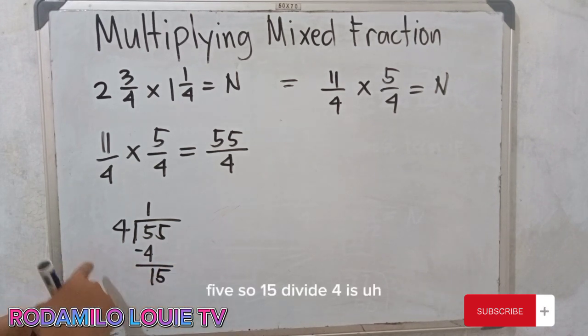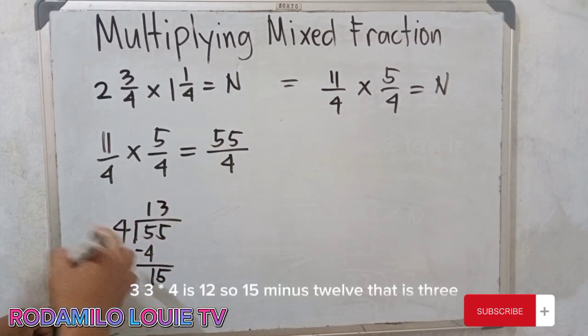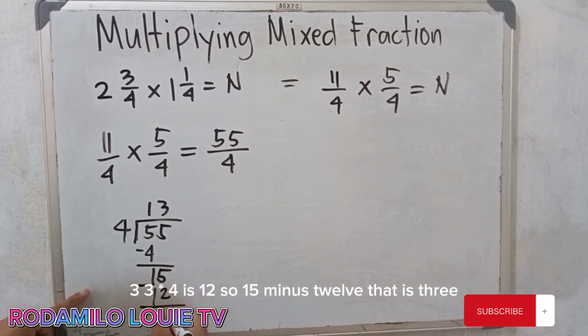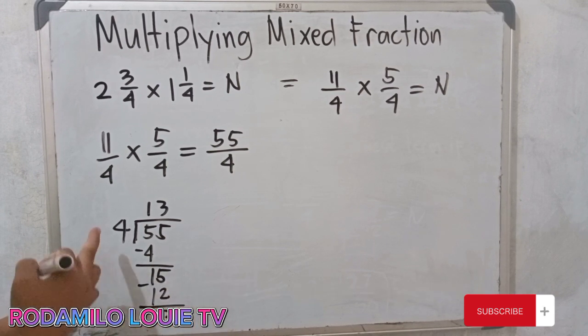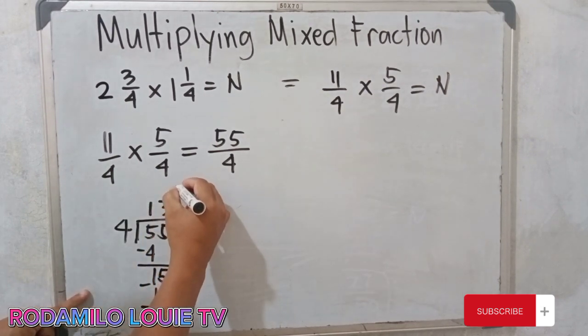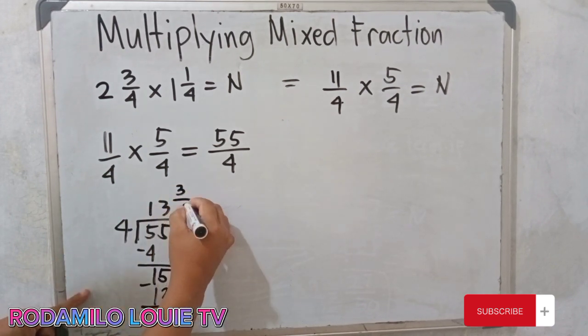So, 15 divide 4 is 3. 3 times 4 is 12. So, 15 minus 12, that is 3. So, ang 3 himo na ito nga numerator, ang 4 himo na ito nga denominator.